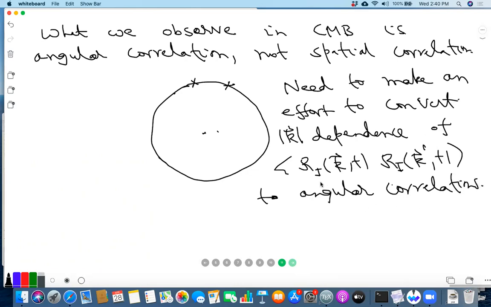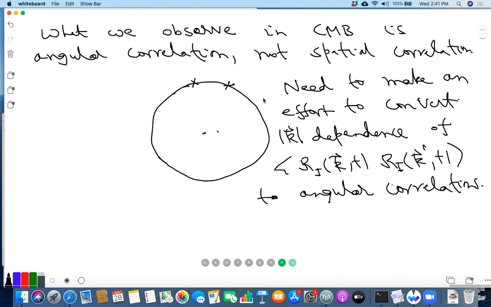In fact, we will see that just like instead of spatial correlation, we have here considered in momentum space, which is a Fourier transform of the spatial correlations, similarly, the angular fluctuations are usually encoded in the angular momentum space. So we do a kind of Legendre transform and write it as a function of L, instead of writing in terms of k.